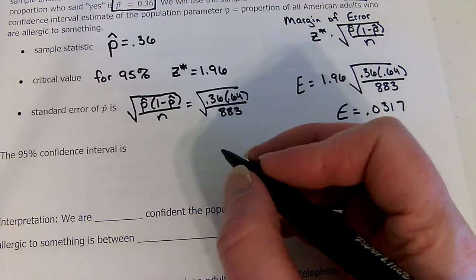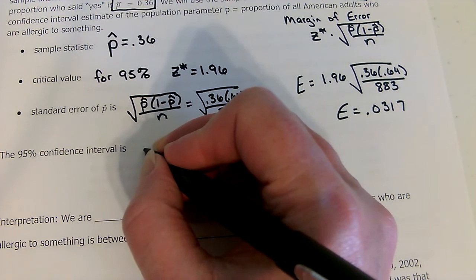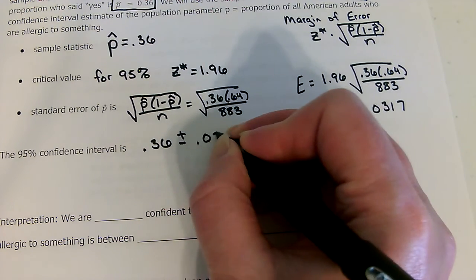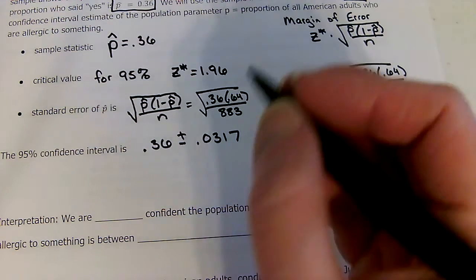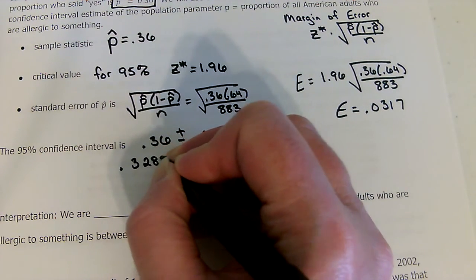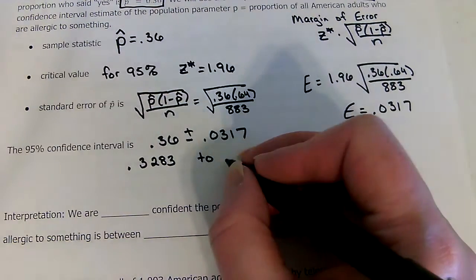So we would take our sample proportion, 0.36 plus or minus 0.0317. In other words, I'm going to subtract it to get the lower boundary, and then add it to get the upper boundary.